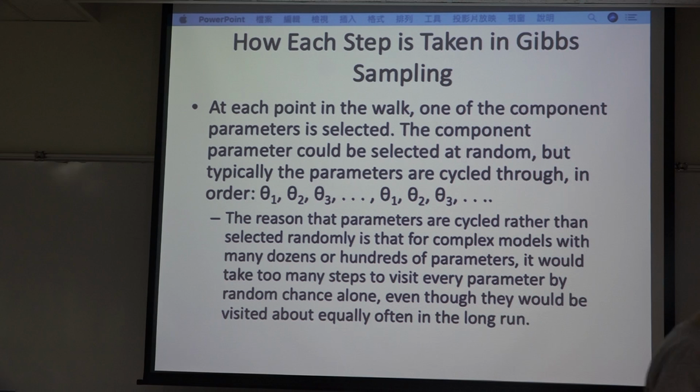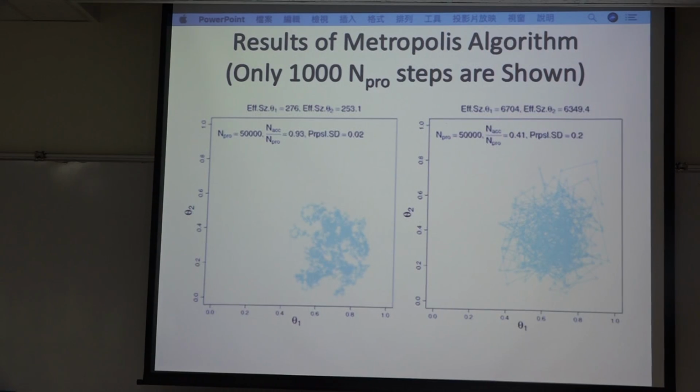So this is the first difference. In the Metropolis-Hastings algorithm, you do not select the parameters. For example, in this two theta example, a two parameter example, we just use a bivariate normal and select an arbitrary direction with an arbitrary distance.